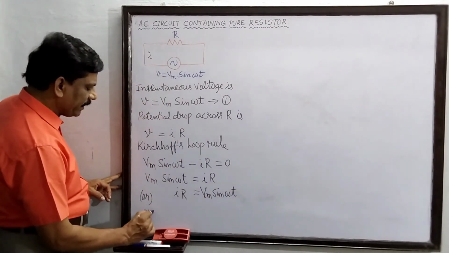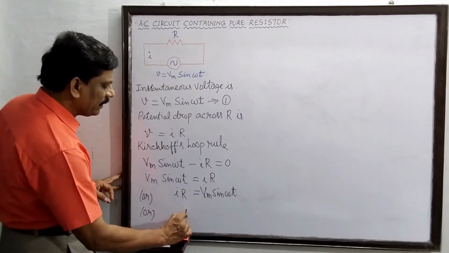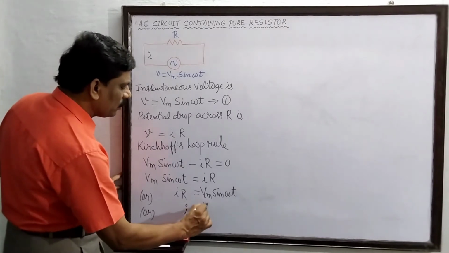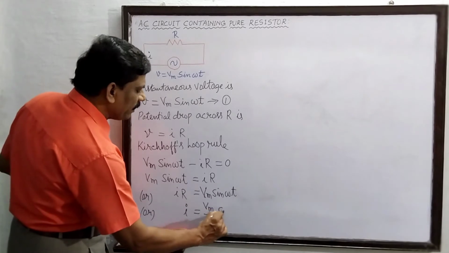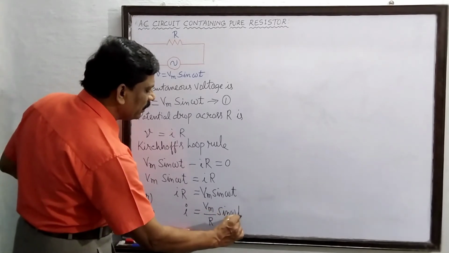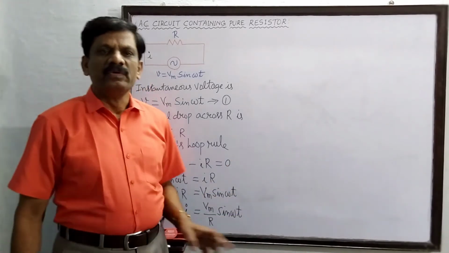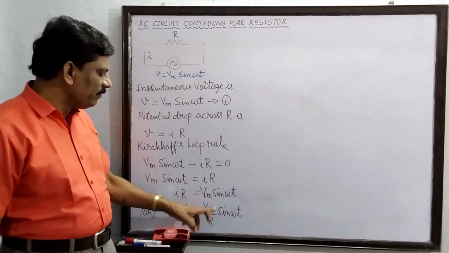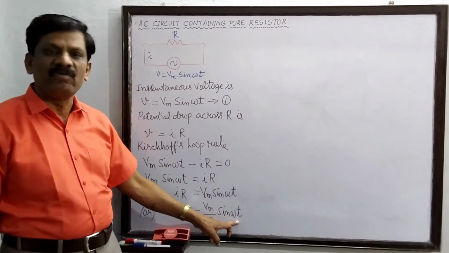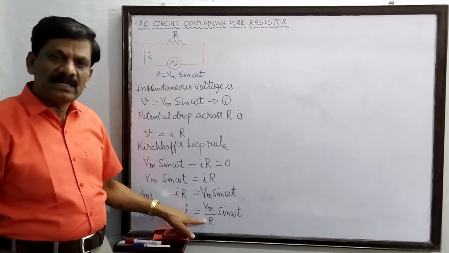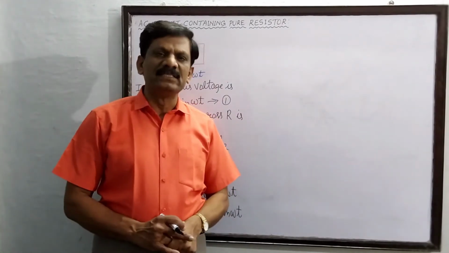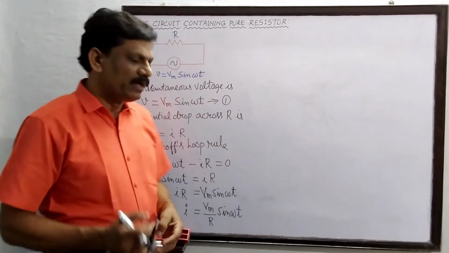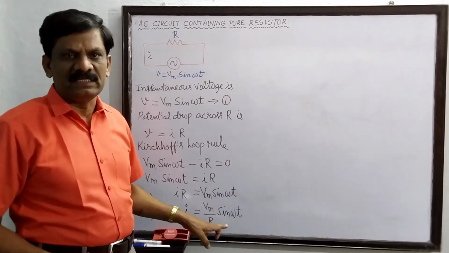Once again I need an expression for the current i. So this is equal to Vm divided by R into sine omega t. You can see this equation: i is equal to Vm by R into sine omega t. Now R is a constant, and Vm is the maximum value attained by the voltage, which also is a constant. Naturally Vm by R must be some constant.